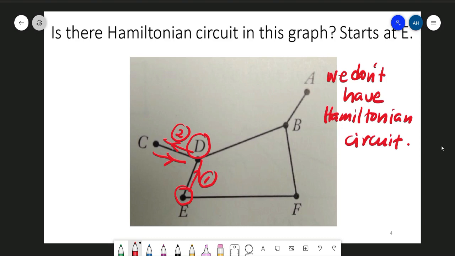The same thing will happen at point B here. We need to go to A, and then we have to come back using the same path from A to B. So we are going to pass through point B twice also. So for this particular graph, there is no Hamiltonian circuit.